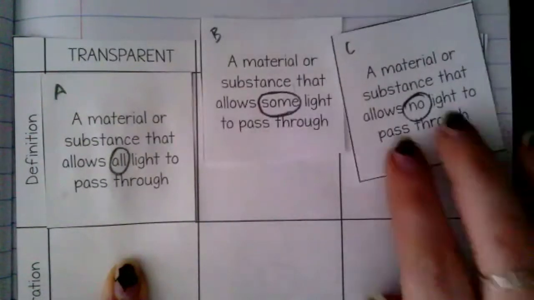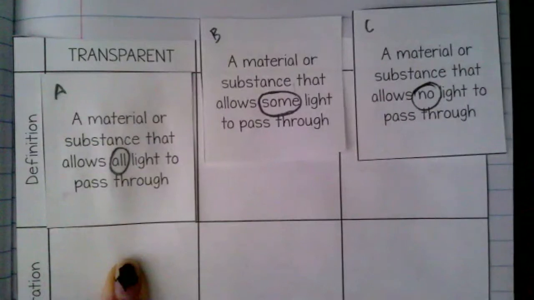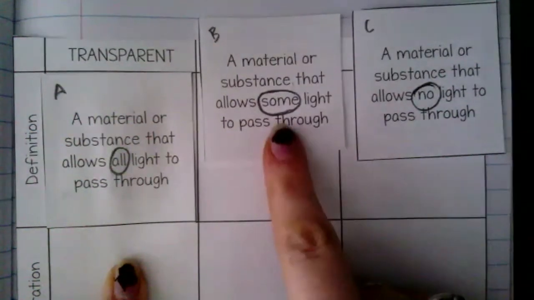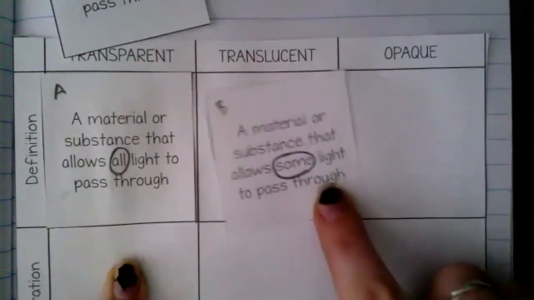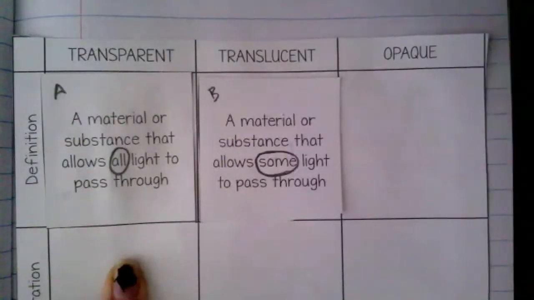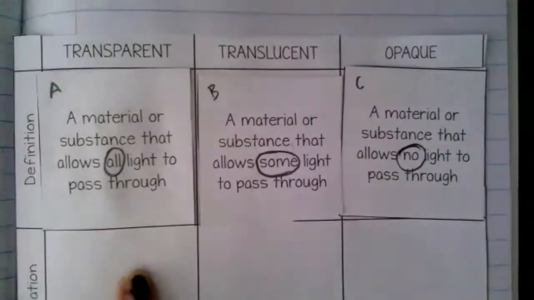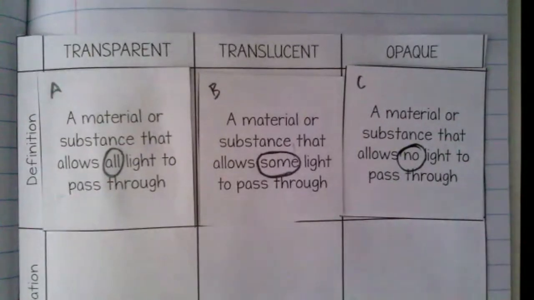Some. Because it's still kind of clear. Right, because there is still some light coming through it, like a stained glass window. Yeah. So when we're thinking about this some light, is it going to go under opaque or translucent? Translucent. Yeah, it is actually going to go under translucent, which means opaque objects, those are the solid objects that let no light pass through. Okay?